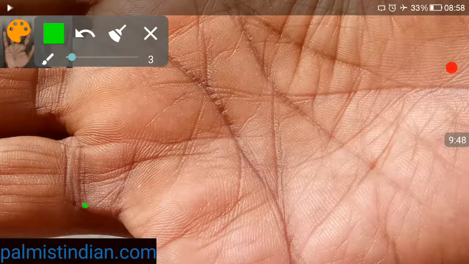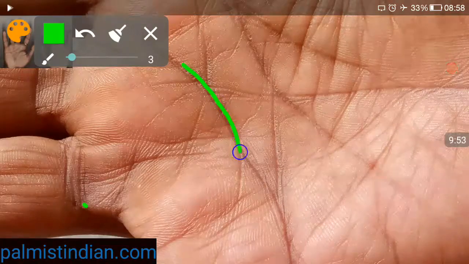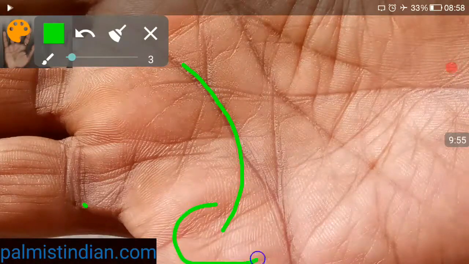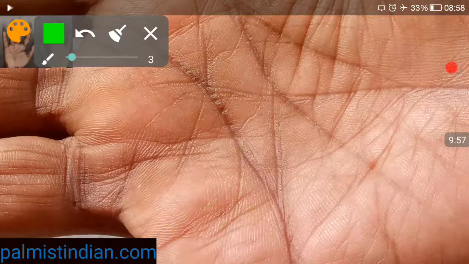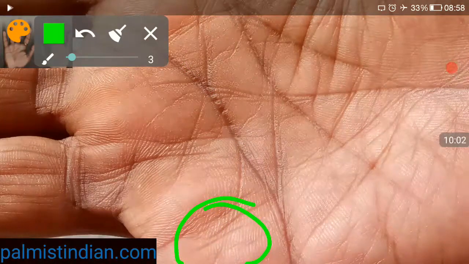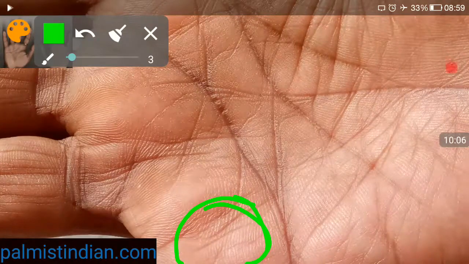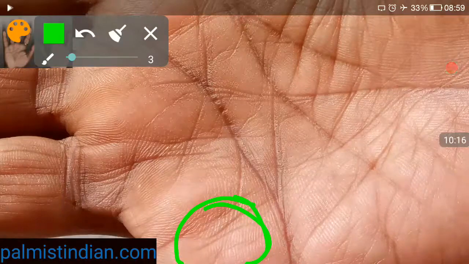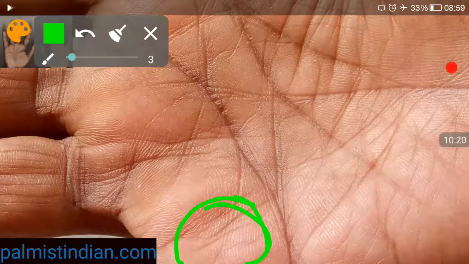Another aspect to see for a good sign is when the heart line is kind of going towards the finger of Mercury. This is considered to be good because this is the area of our ability to calculate, our ability to be shrewd, to have quickness in mind and business abilities.